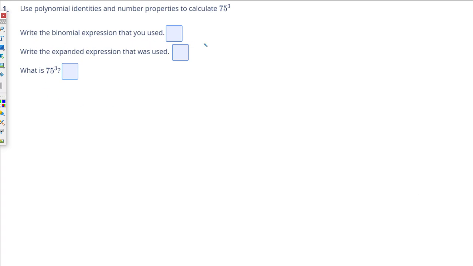So the binomial expression that we used, remember that was where we did 70 plus 5 cubed, or you could have done 80 minus 5 cubed. Either one would work. I'm going to go ahead and use the 70 plus 5 because I think that's what most of y'all used.